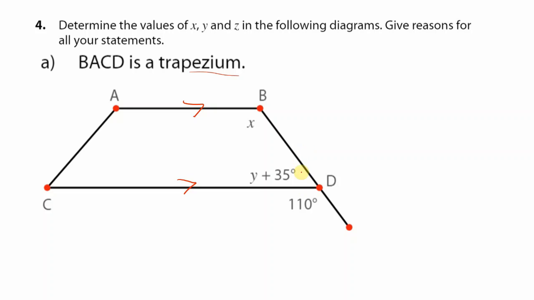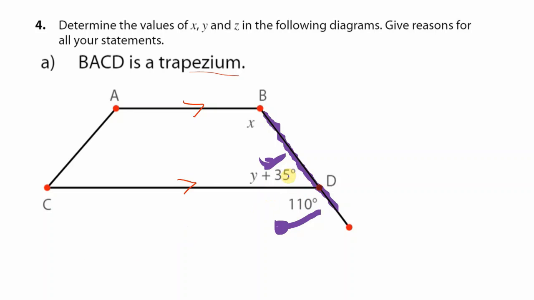So now, what we could say is we have a straight line. It's one way to do this. Here we have a straight line, and on this straight line we have these two angles next to each other. So we could say, angles on a straight line.